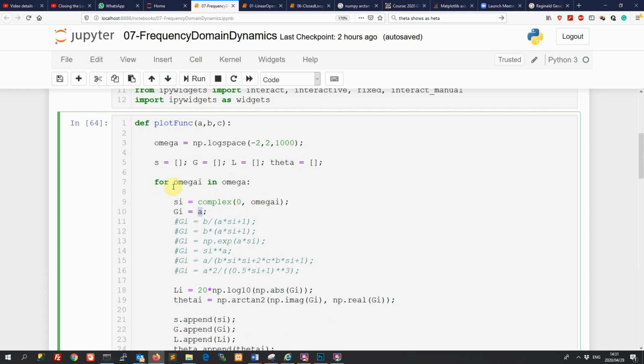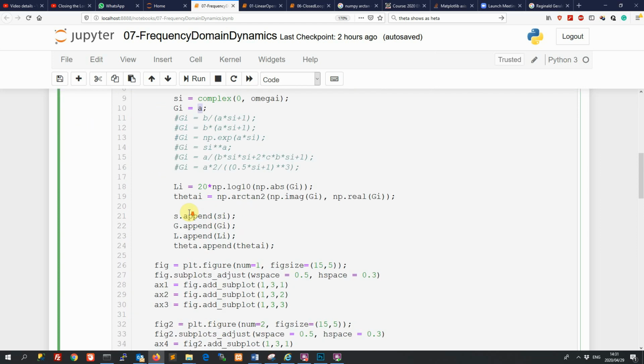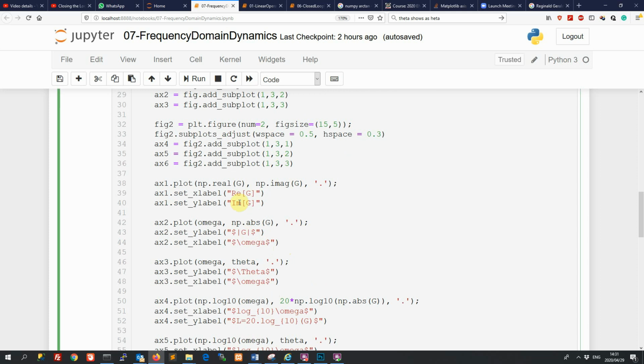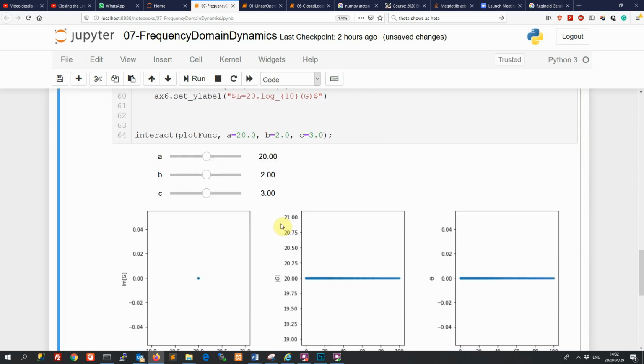Here we are running through all the omega values. We look up a current value of s, then we evaluate g, and then we plot that in the real part and the imaginary part. We can also plot that in terms of the frequency and the magnitude, and the frequency and the phase angle. So let's just run that.